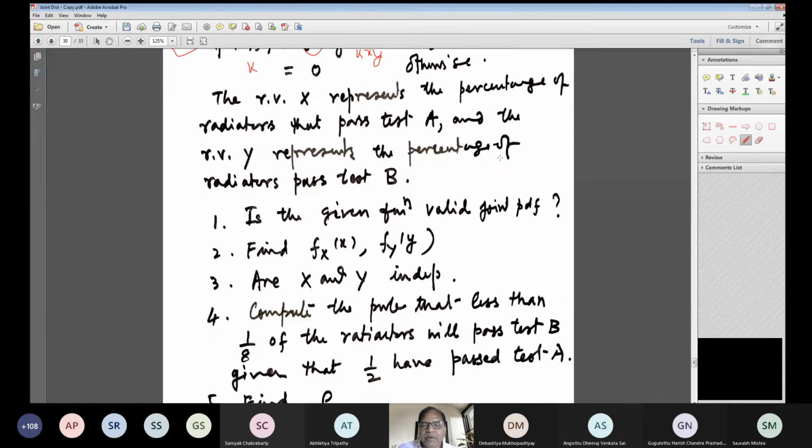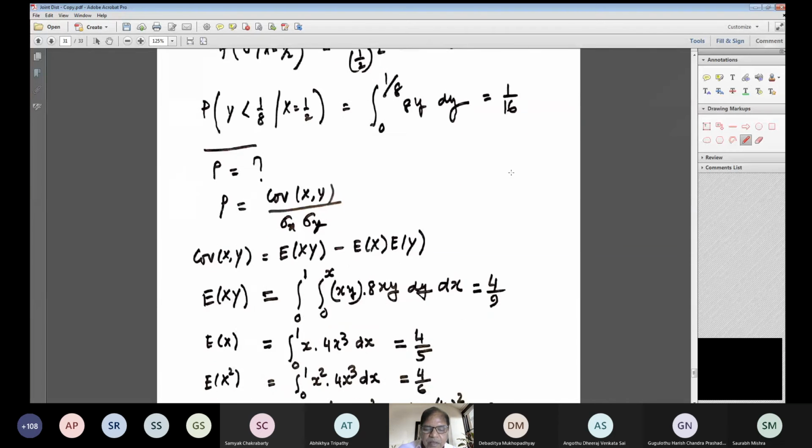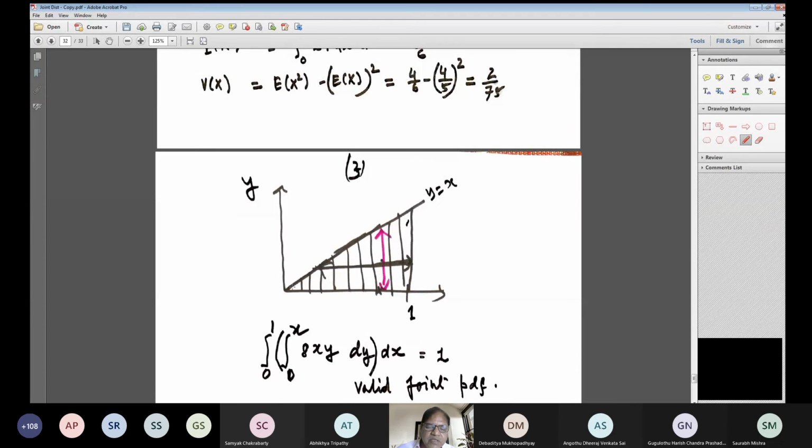This domain is identified here: this is the line y equal to x, y is less than x, and x varies from 0 to 1. So this shaded region represents the domain of the density function.